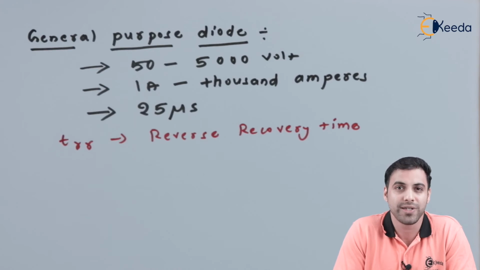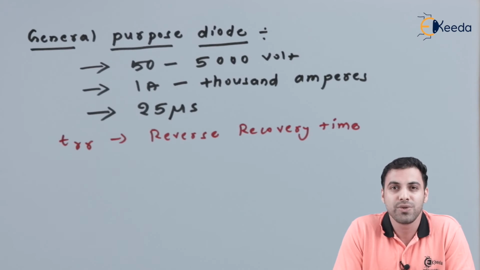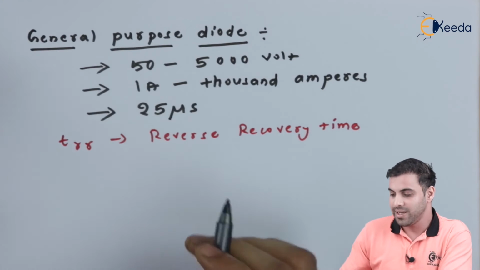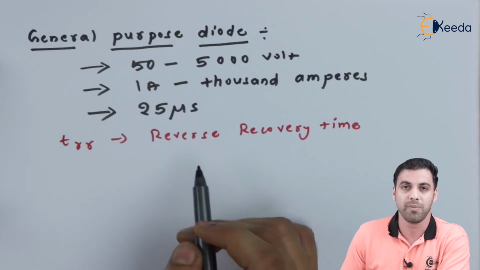Hope you understood what reverse recovery time is. The greater the reverse recovery time, the slower the diode's operation, and when the reverse recovery time is short, the diode operation will be faster. So friends, this is all about the general purpose diode.